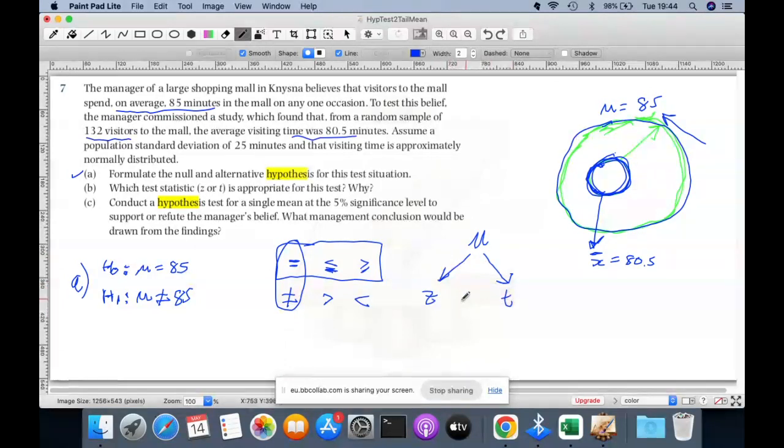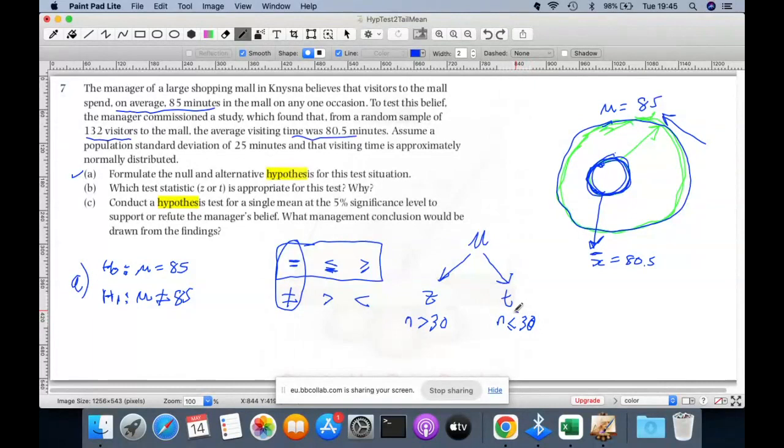How you know which one to use is this rule: if your sample size n is greater than 30, then you use Z. If the sample size is not greater than 30, that is, less than or equal to 30, then use the t statistic.